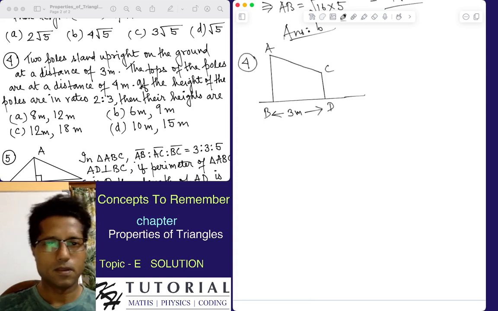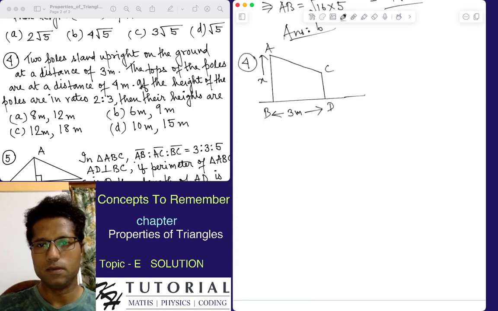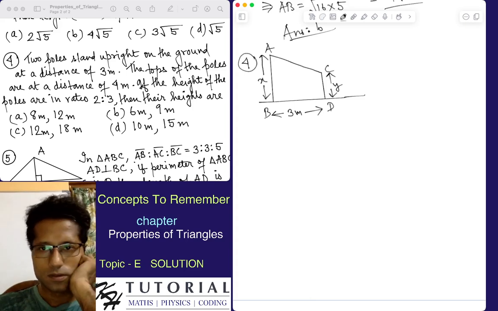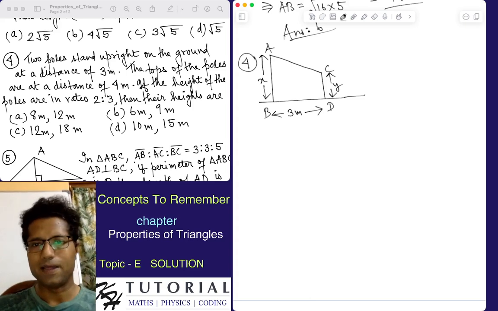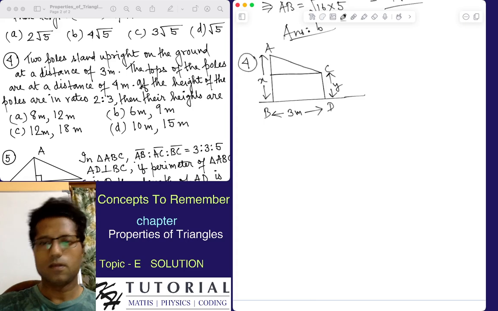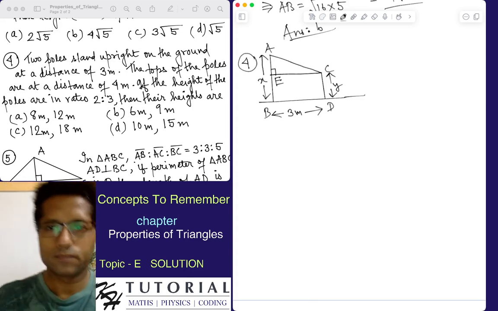We do not know the heights of the poles, the ratio is given. So let's say the height of the pole AB be X and the height of the pole CD be Y. If we draw a line parallel to BD from C, let's say this point is E, so we will have 90 degrees over here.